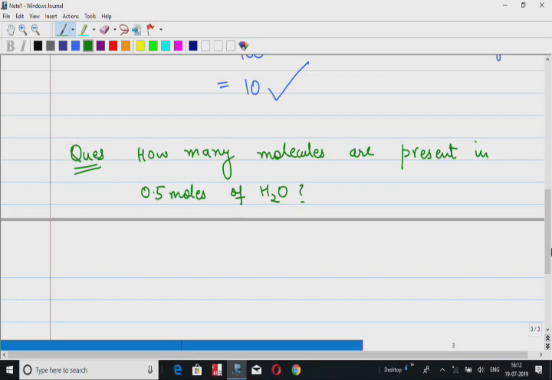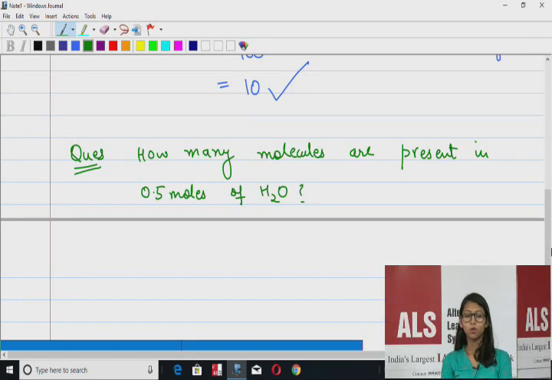Quickly do it, tell me the answer. What will be the answer, everyone? Write down the answer. 0.5 moles is given to you.